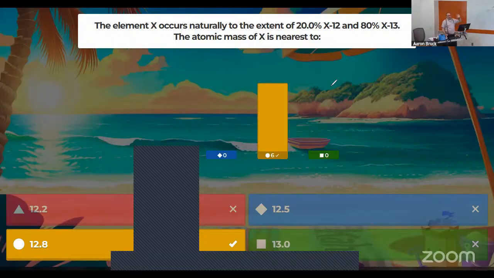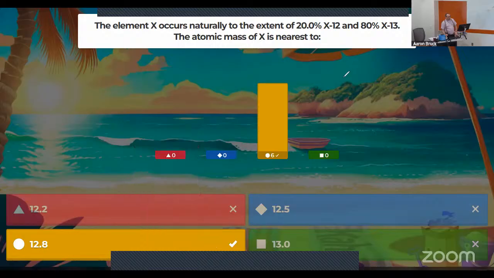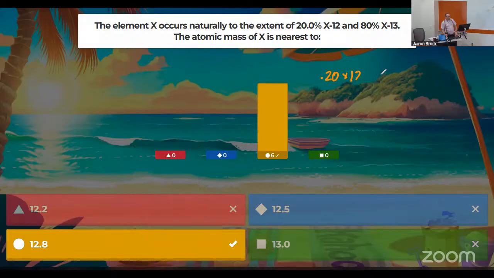If you understand the basic concept of percent by mass and how we calculate atomic masses, you know that what we needed to do was take the 20% of 12 and add it to the 80% of 13. And if you had done that, then you would have gotten 2.4 here and 10.4 here. And if you add those together, you get 12.8, which was the correct answer.